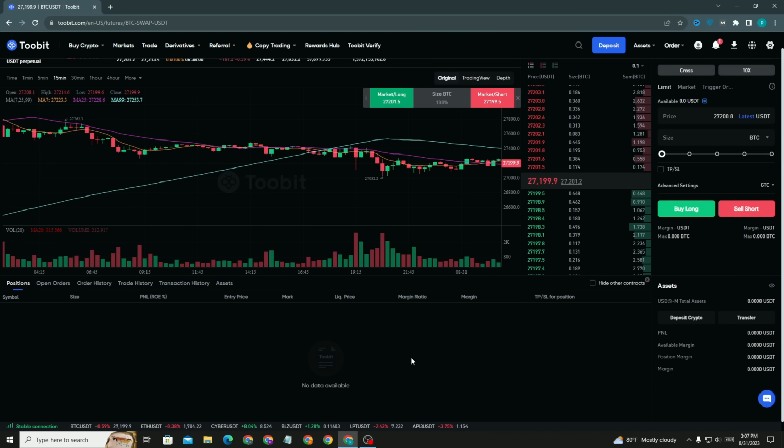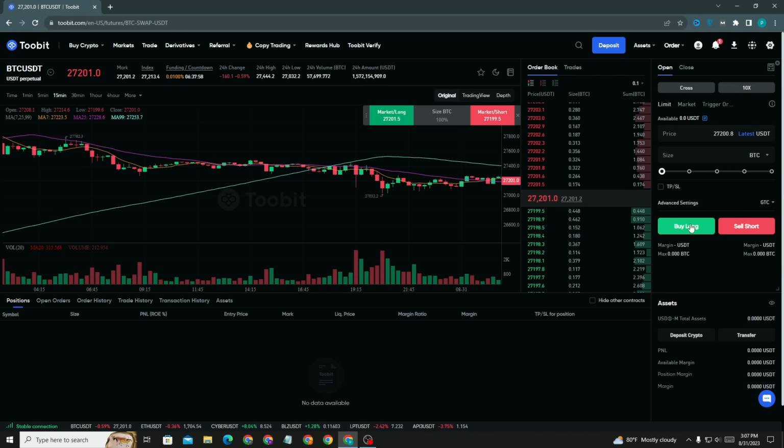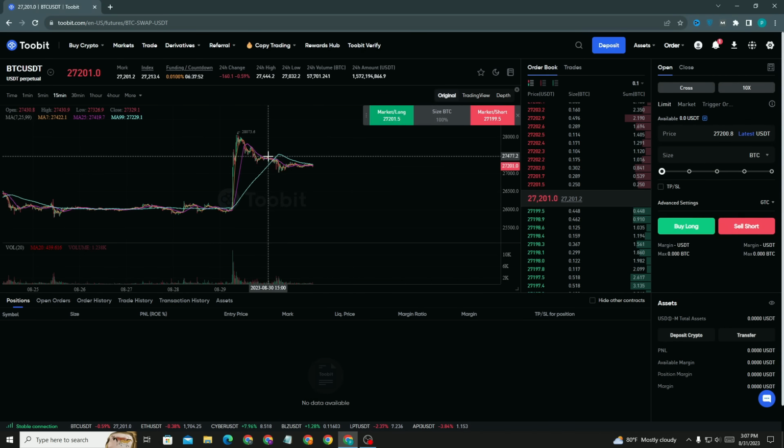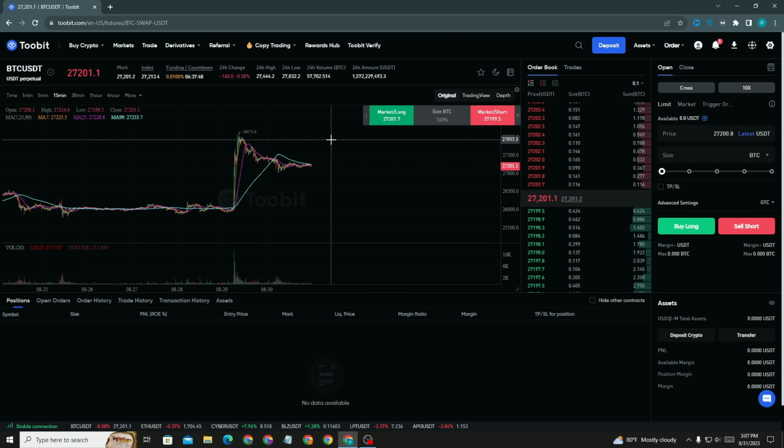So it's just a very easy and simple thing that I am telling you. So buy long and sell short is just for future trading. If you wanna go for the long term, then you can simply use this future trading. So these are the points and the things that I'm going to explain to you.